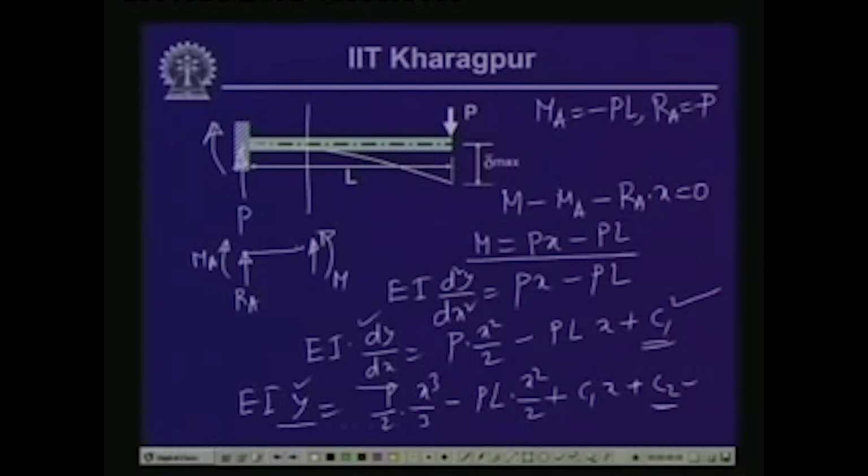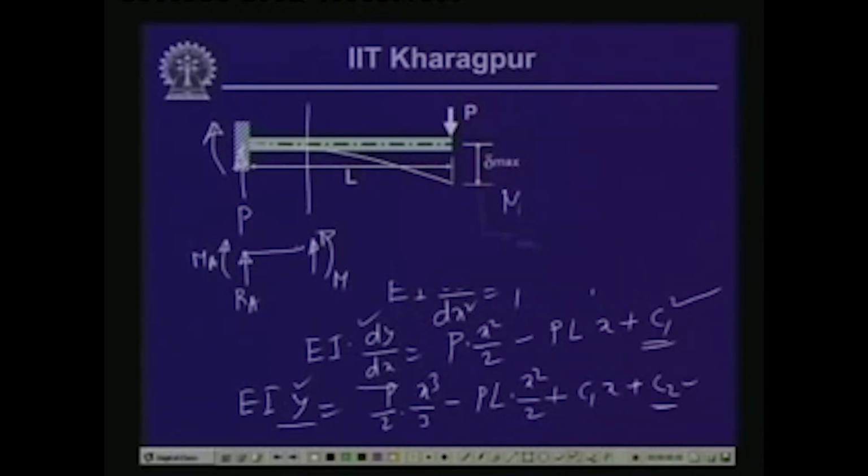Hence, we get the values that EI y equals Px cube by 6 minus PLx square by 2, and at x equals L, if we substitute the value, we will get the value of y.